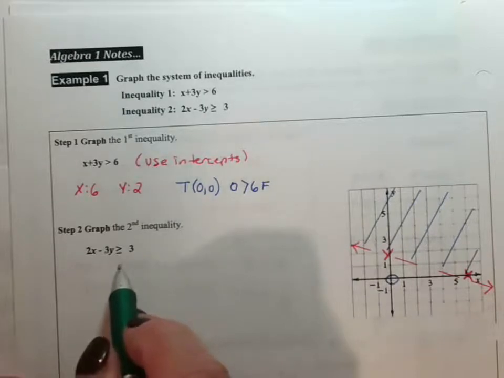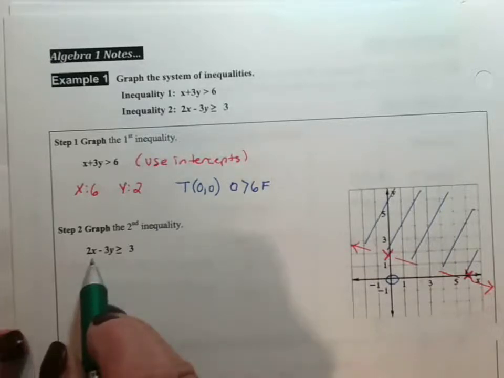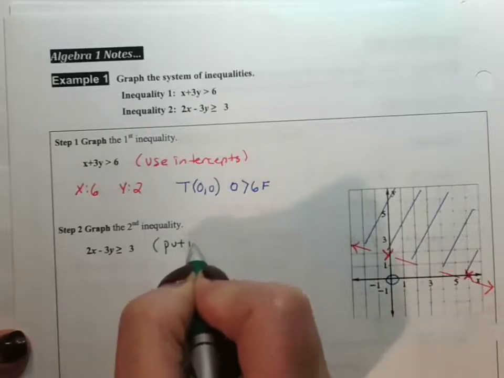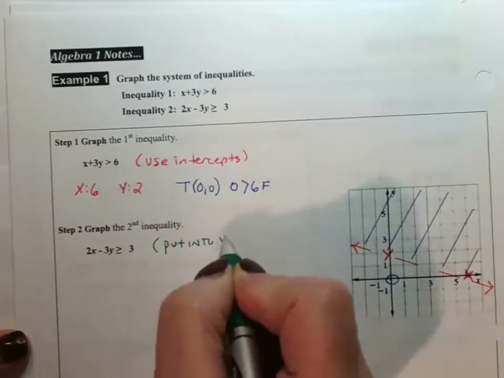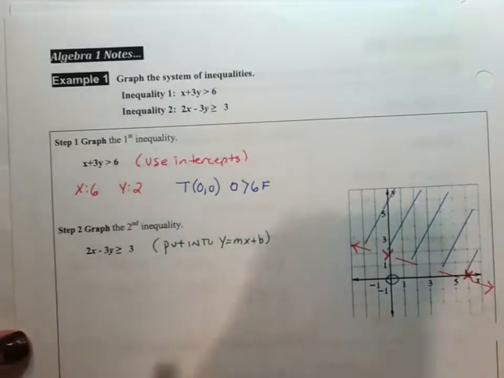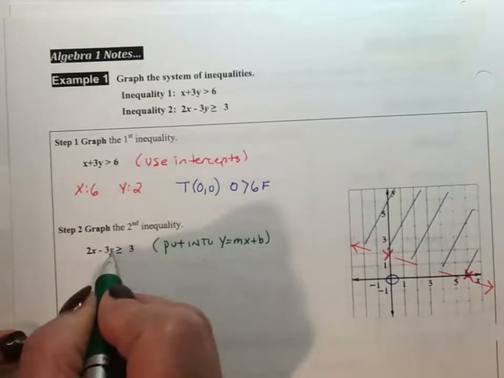Now this equation, I'm going to get fractions if I use x and y intercepts, so I can't do that. So I'm going to put this into y equals mx plus b. All right? So we're going to isolate the y.